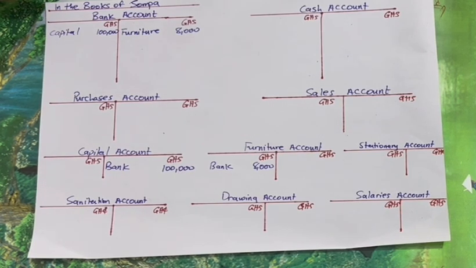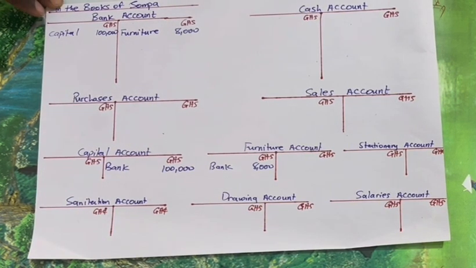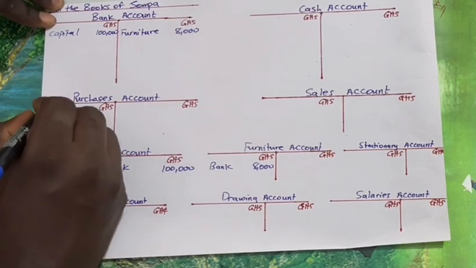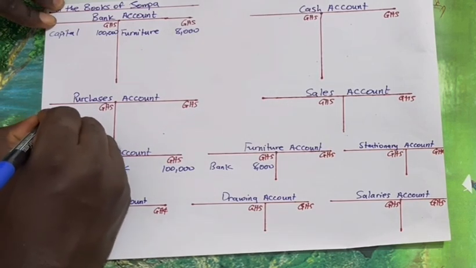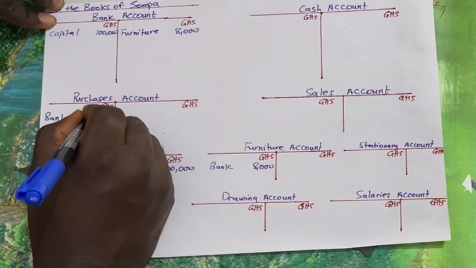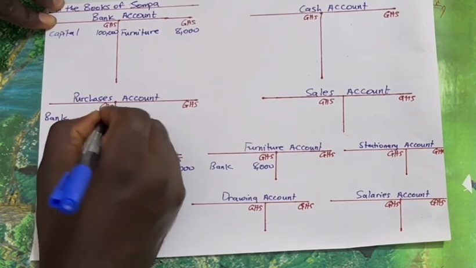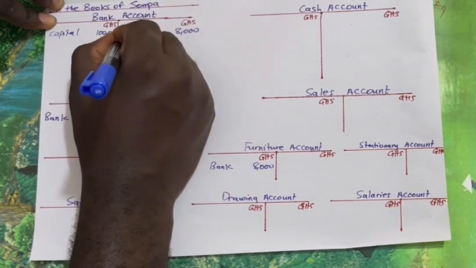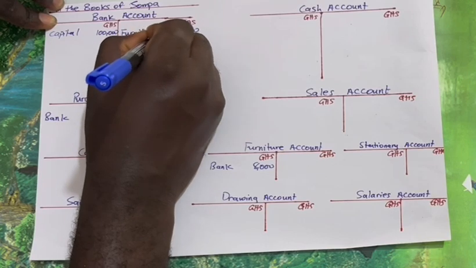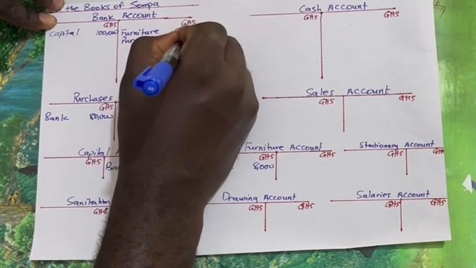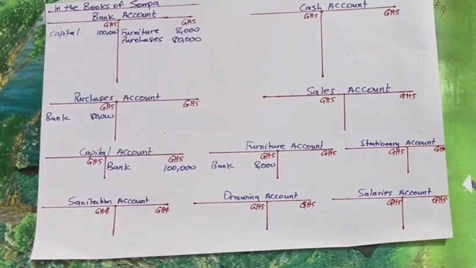The amount is 80,000. So we debit the purchases account in the name of bank, 80,000, and credit the bank account in the name of purchases, 80,000. Do we get it? So they bought goods, the double entry is purchases and bank since it's through check, and we debit our purchases and credit our bank.